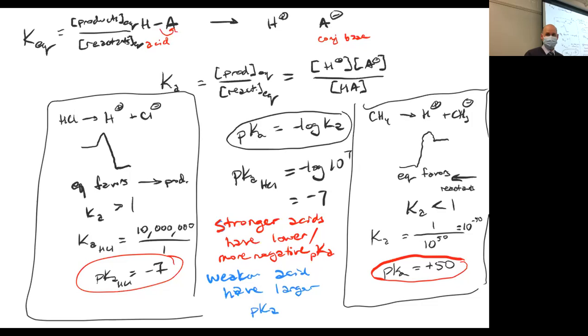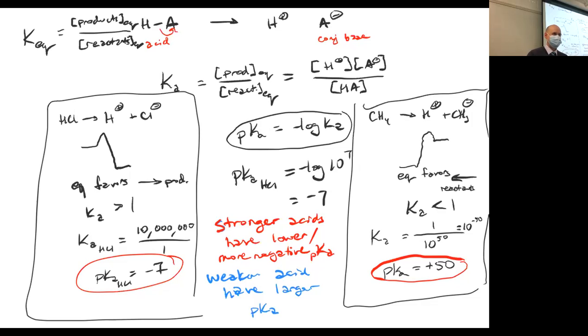In this case, hopefully this should be pretty straightforward and obvious. Neutral carbon is way more stable than negatively charged carbon. So neutral carbon absolutely does not want to go forward. And what this data is telling us is that for this equilibrium, it goes forward one time for every 10 to the 50th times it doesn't. 10 to the 50th is even greater than a mole of moles.